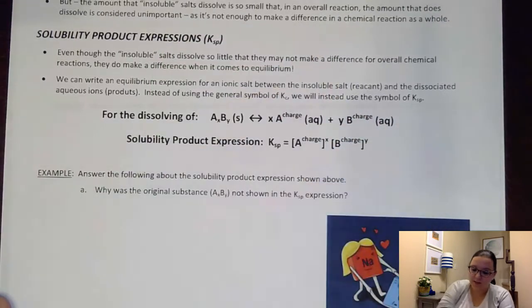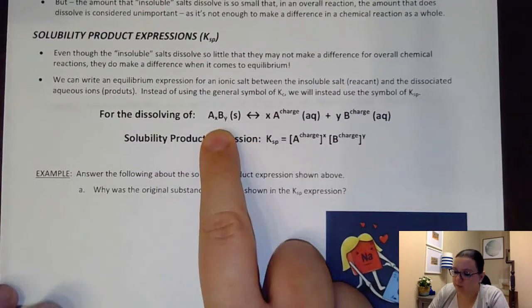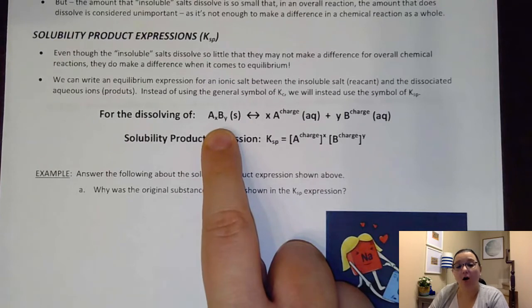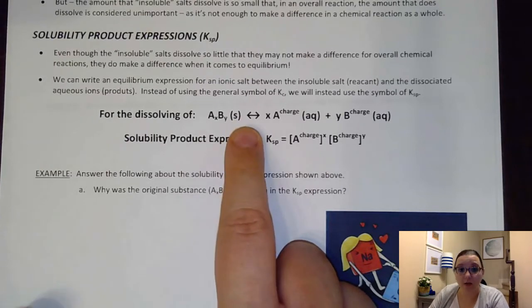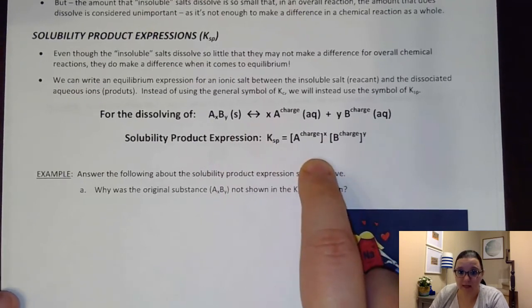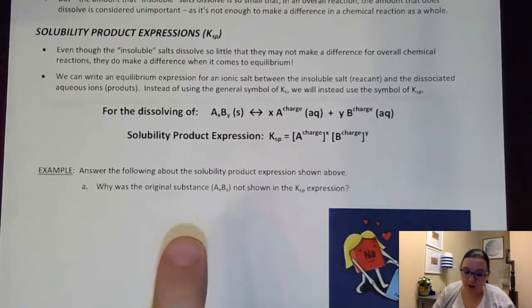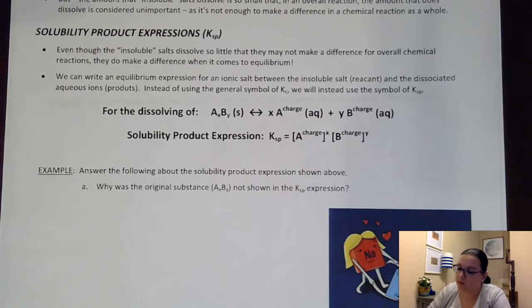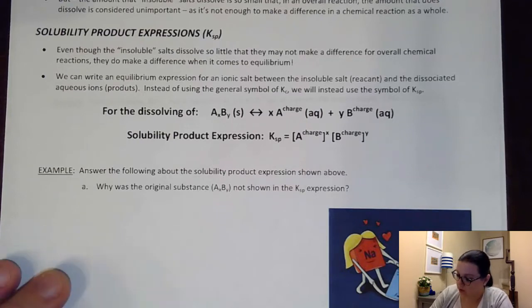So if you notice here, our AxBy, the thing that's representing our ionic compound, is a solid. And so we don't see it as a reactant here in our expression. It asks down here, why was the original substance, the AxBy, not shown in the KSP expression?